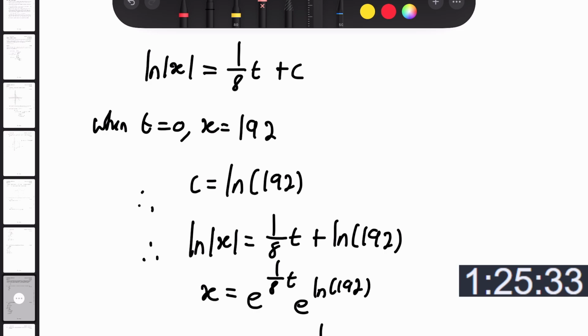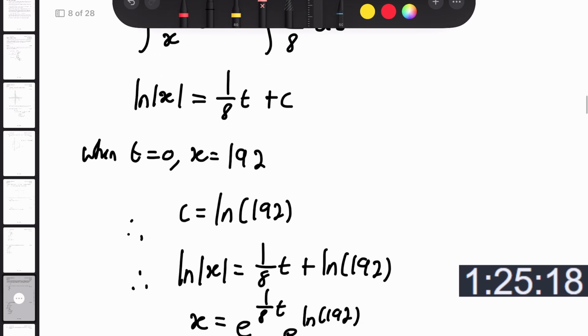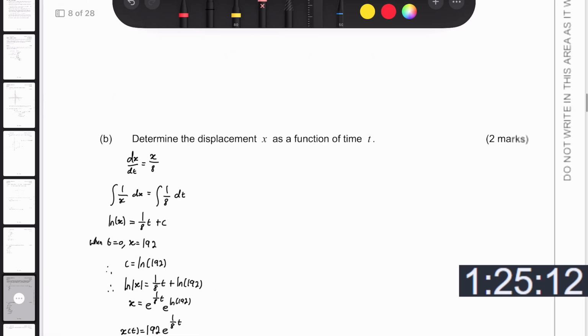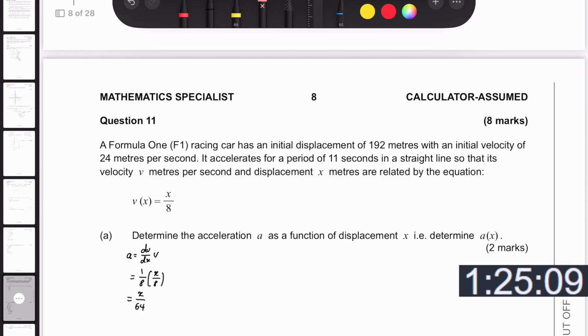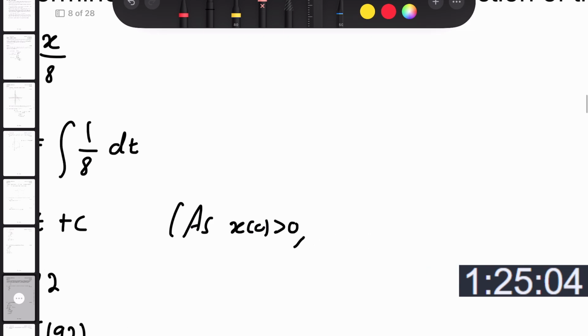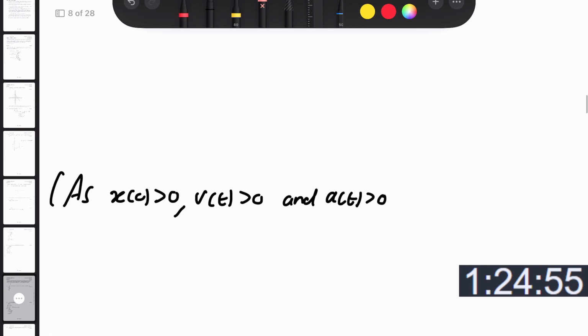Let's see. Maybe here I'll say ln of x. So as x of 0 is greater than 0, v of t and a of t, x of t will be greater than 0.